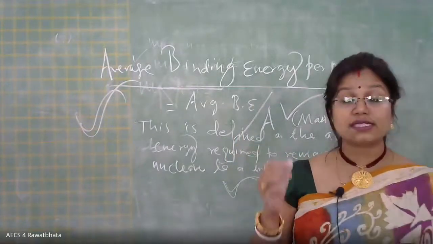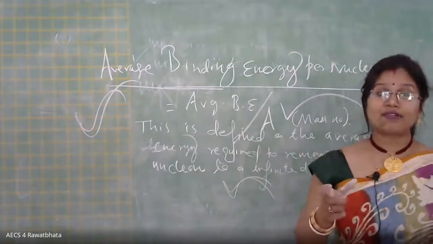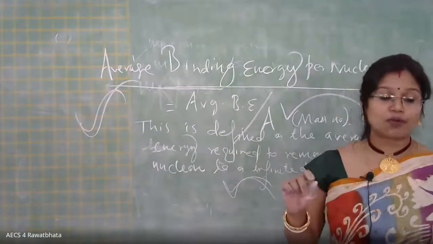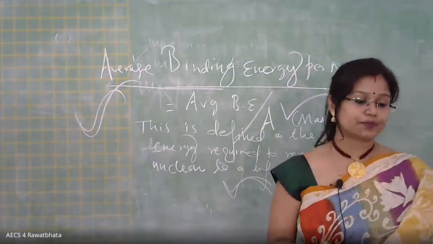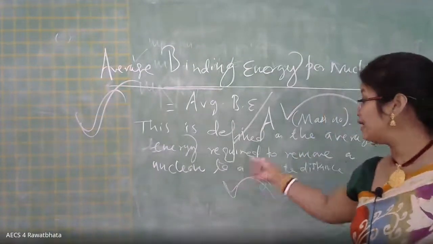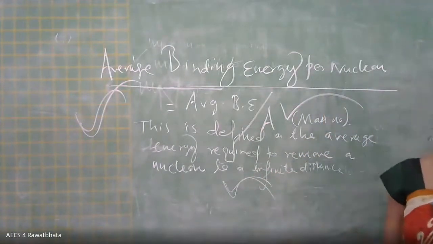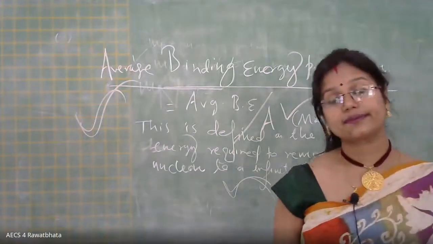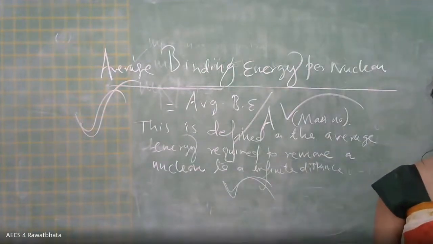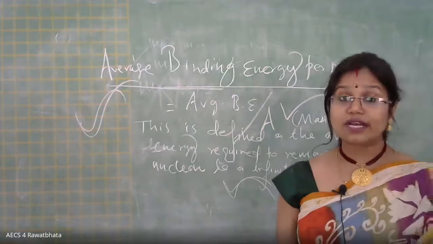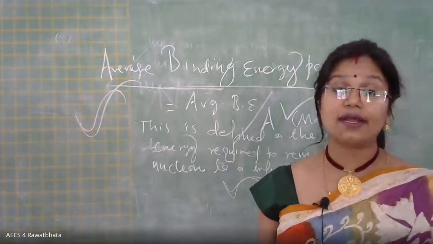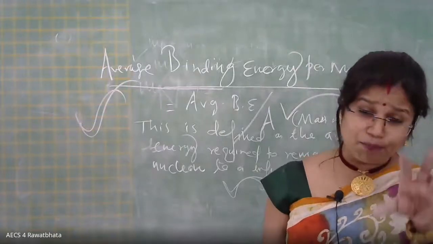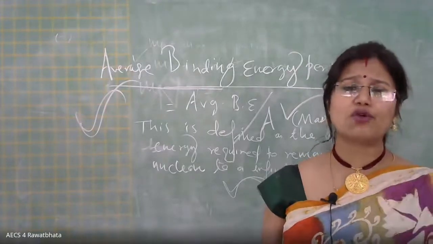In NCERT also they have given you the graph, dear. I will draw the graph from the book and then explain the particular part. So please just write down this part, then I'll go for the graph. First, whatever you are observing from the graph, that part you will write. And after that, the main part is what is the importance of this particular graph? Why are you going for this binding energy?